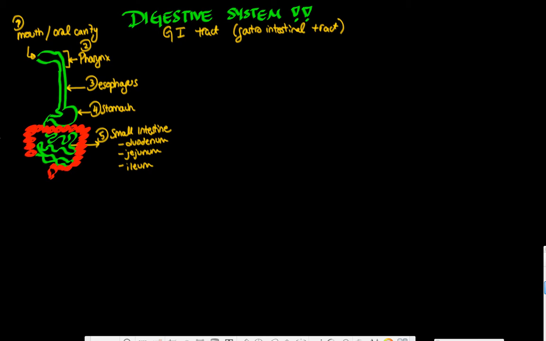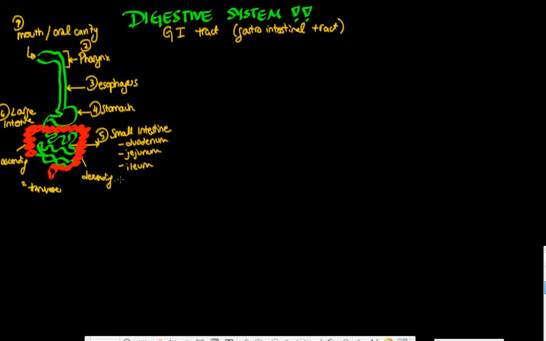So we have number 6 is going to be the large intestine. Okay, so we're going to do ascending, transverse is across, and descending.